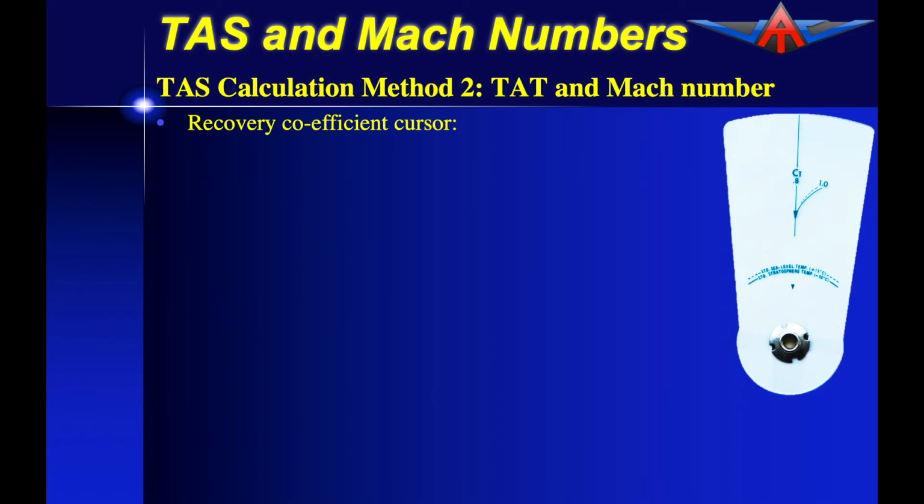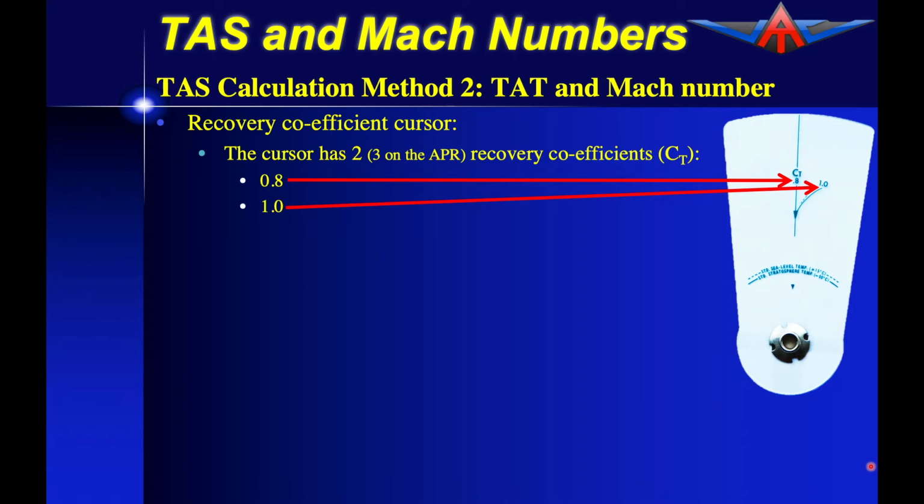Let's now look at the recovery coefficient cursor. The cursor on the Jeppesen has two lines with a coefficient of 0.8 or a coefficient of 1. The APR on the other hand has three of these, and the third one curves back here with a recovery coefficient of 0.6. The straight line represents the recovery coefficient of 0.8.